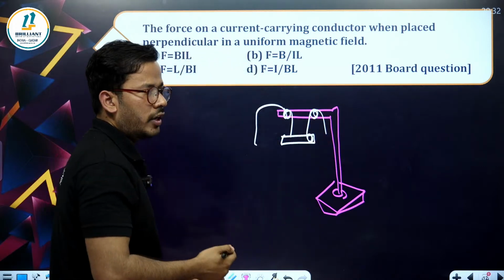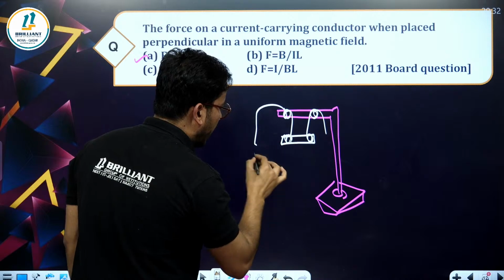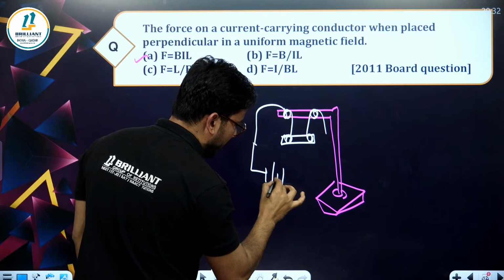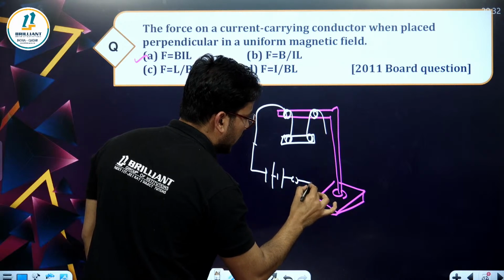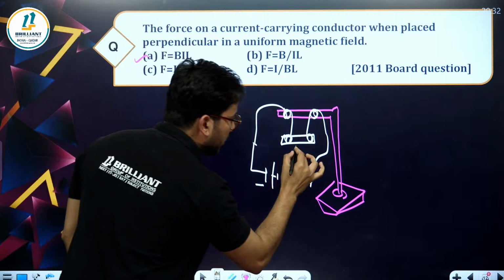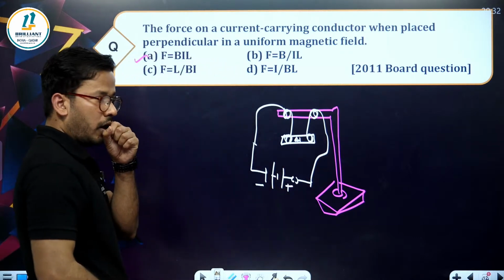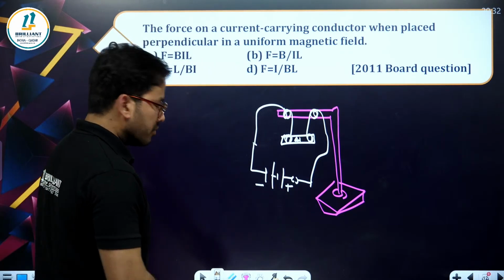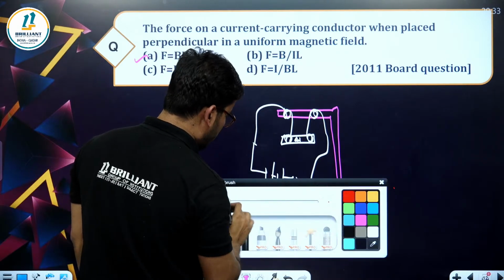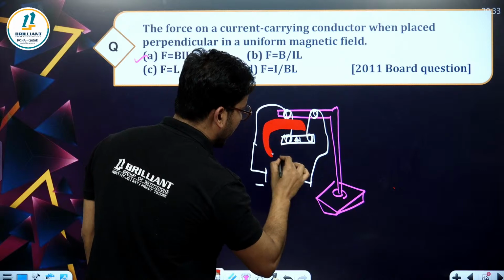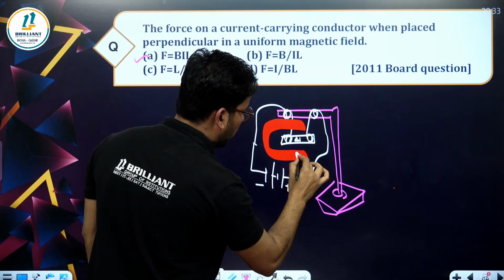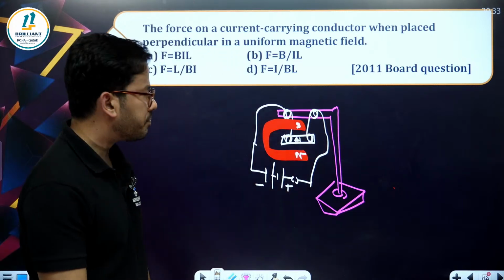I'm just trying to draw a very quick diagram. You need to add a battery, a cell and a switch, and there you go. So this is an aluminum rod, if you remember. Then you need to fix a horseshoe magnet in such a way that the aluminum rod lies between the poles of the magnet, right?